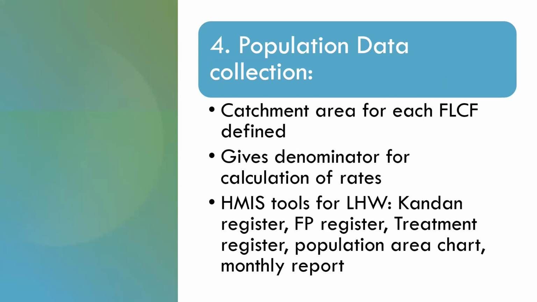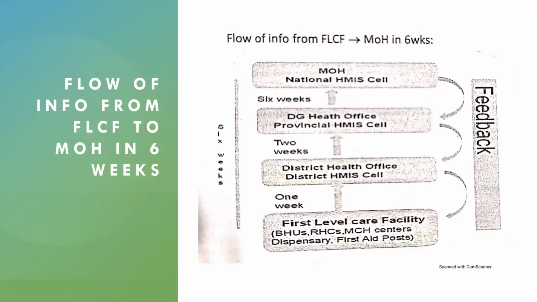There are several tools in HMIS, for example, for the lady health workers, there are tools like Khandan registers, family planning registers, treatment registers, population area charts, and monthly reports. These HMIS tools help each and every section to collect the defined and segregated data.